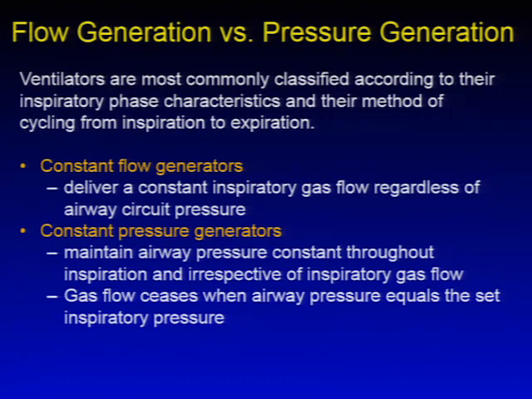On the other hand, if you set up constant pressure, then the ventilator maintains airway pressure constant through inspiration irrespective of inspiratory gas flow. Gas flow eventually ceases when the airway pressure equals the set inspiratory pressure.